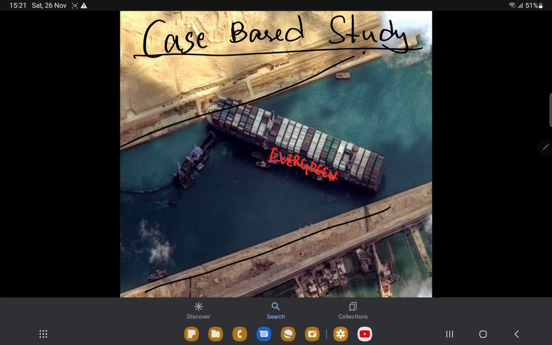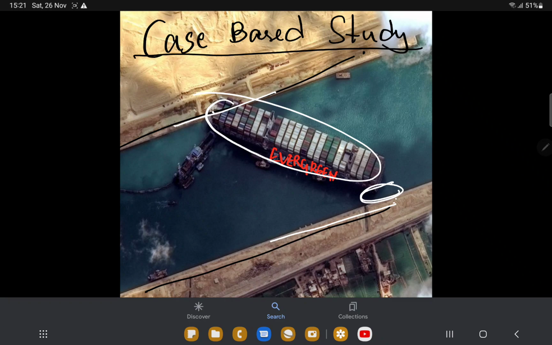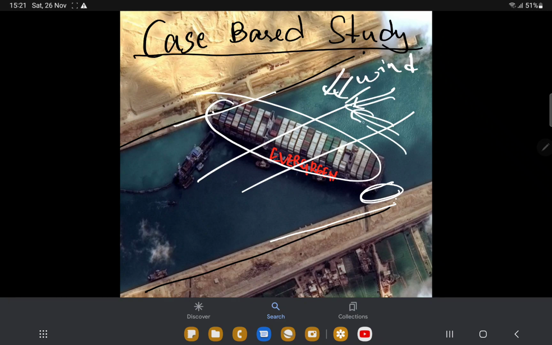The ship is stuck like this. There is no way to move. How did this happen? Many tell that when the ship was going straight, heavy winds were coming in this direction, and those winds pushed the ship toward the land, and it got stuck there.